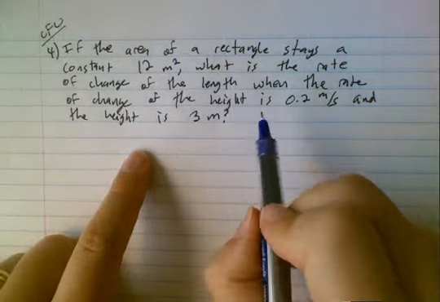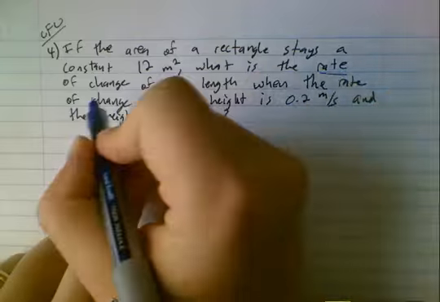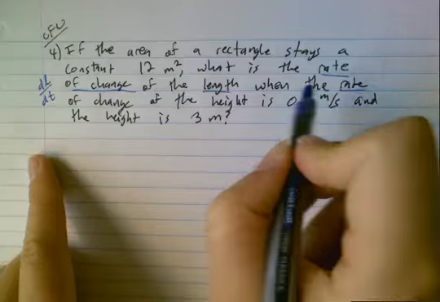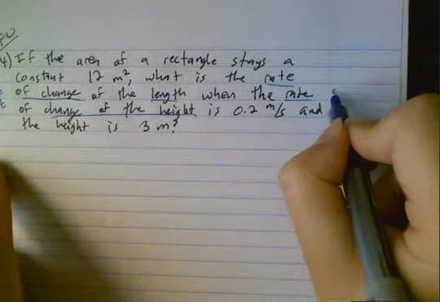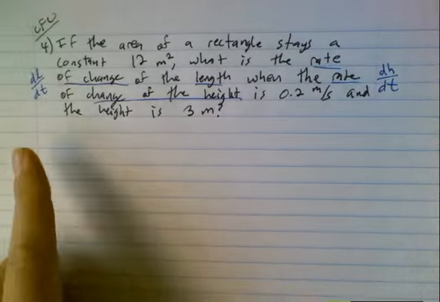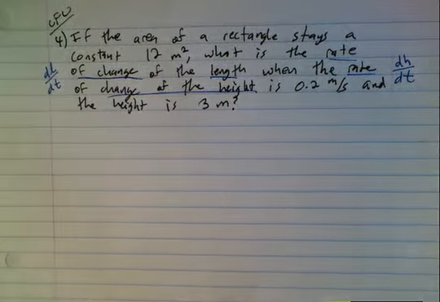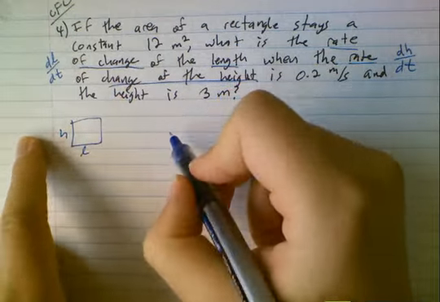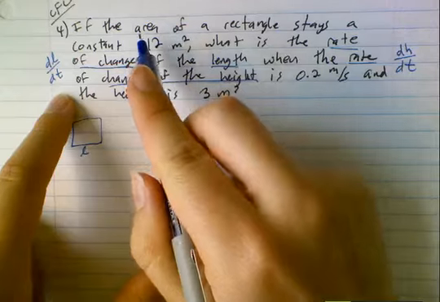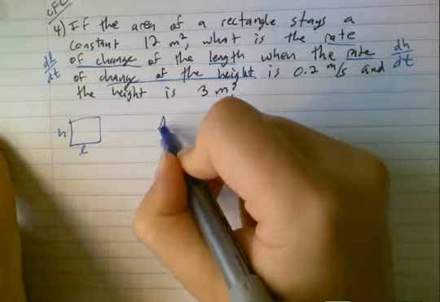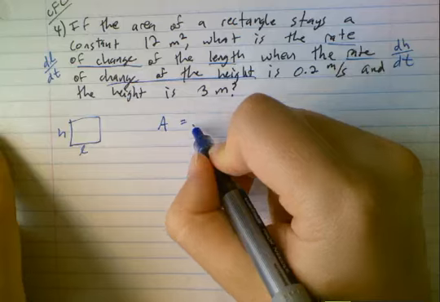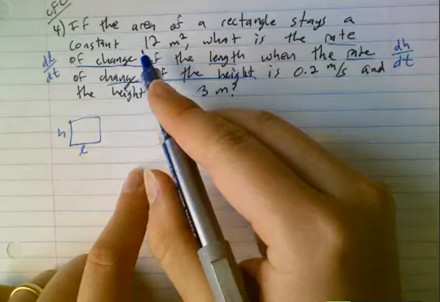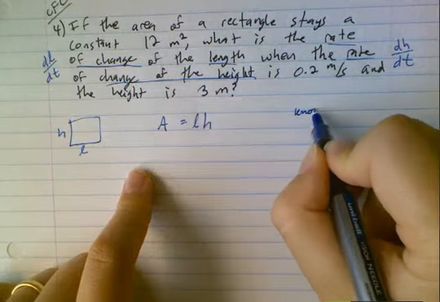Okay, rate of change of length, that's dl/dt. Rate of change of height, that's dh/dt. So we want something relating h and l. We know we have a little rectangle. So we're dealing with area up here, so we know that area equals length times height. And the area is always 12 meters squared.